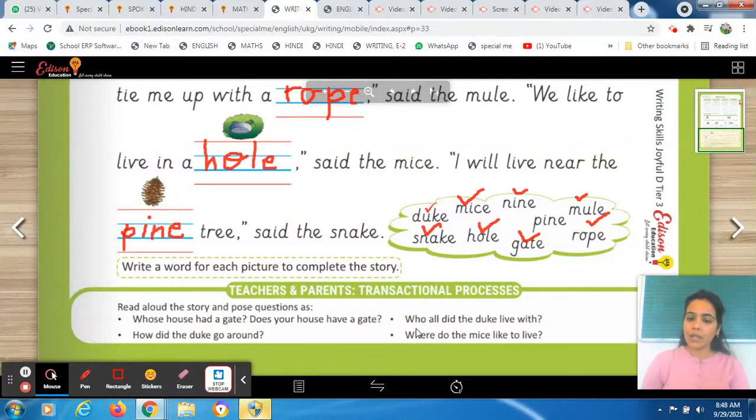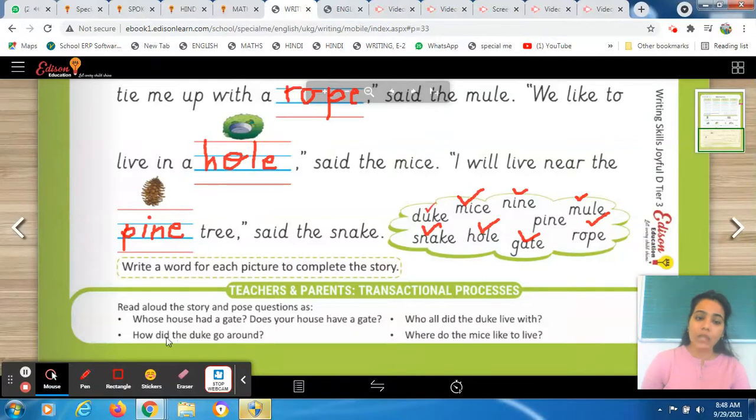So now the next question is, who did the Duke live with? So you have to say the answer. Duke किसके साथ रहता था? Duke lived with his pets, a snake, a mule, and 9 mice. Okay, so students, you have to give the answer in the same manner the question is asking, right?